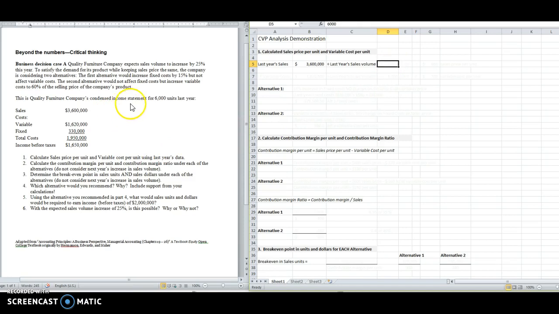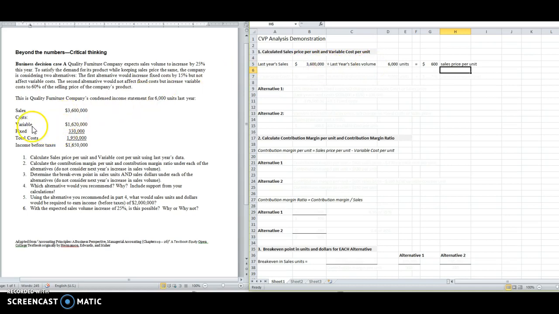Last year's sales volume was 6,000 units. So we're going to divide, and that gives us a sales price per unit of $600. So that's last year's sales divided by the sales volume.